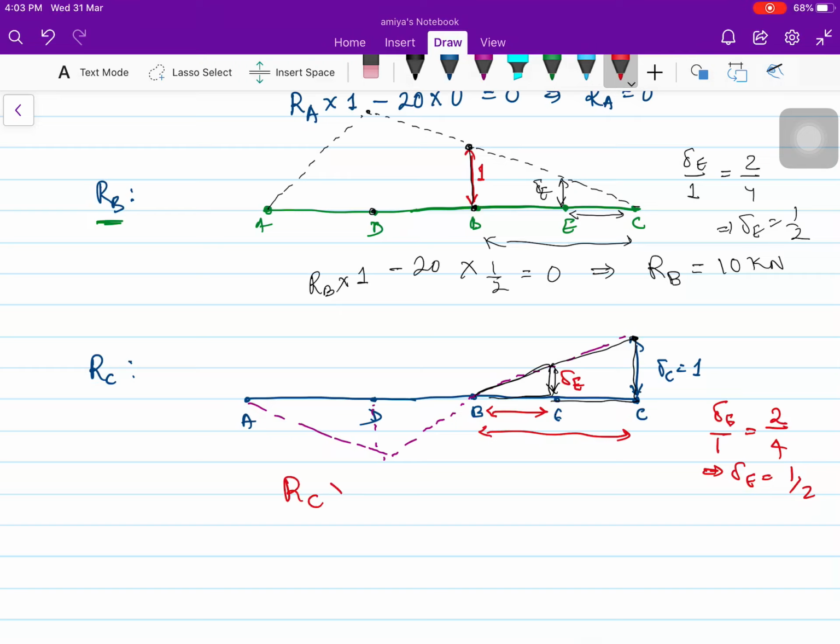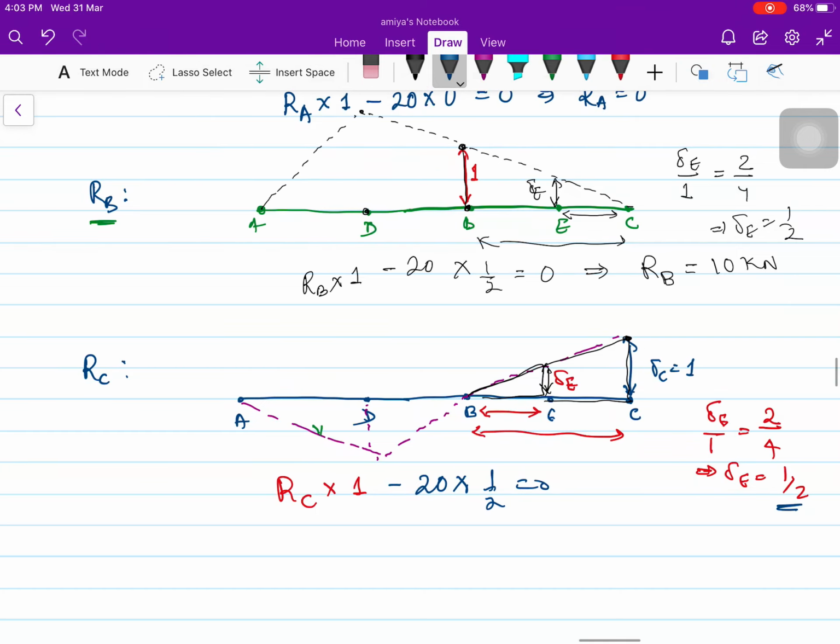So RC into unit displacement 1; you can see there is no load in the other span. If there had been any load, then you should multiply the force by the corresponding displacement under the load. But since we don't have one, we are not going to add anything. So RC into half minus W, which is 20, into displacement half, is equal to 0. So RC is also equal to 10 kilonewton.